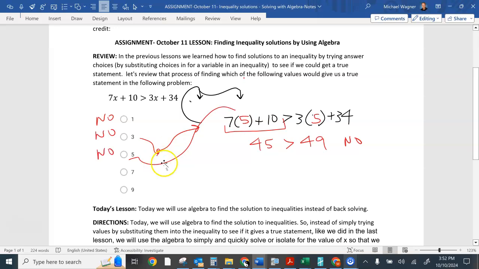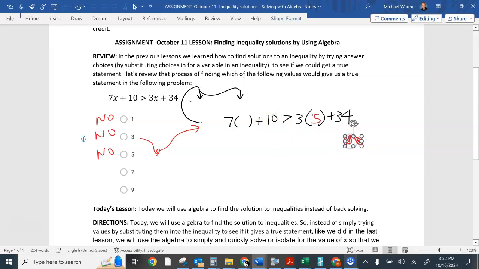Then I try 7. 7 times 7 is 49, plus 10 is 59. Is 59 greater than 21 plus 34, 55? Yes. Finally, we get yes. So that's one of them.